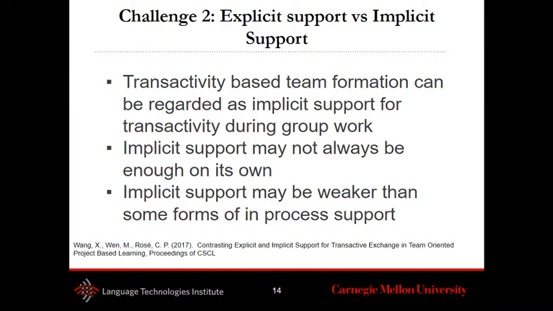I just want to point out that this idea of contrasting the effect of implicit support, where team formation can be seen as that, and structuring of group processes has already been investigated previously in Xu Wang's CSCL paper of 2017. However, in that study, the scaffolding of group processes was a weaker manipulation.